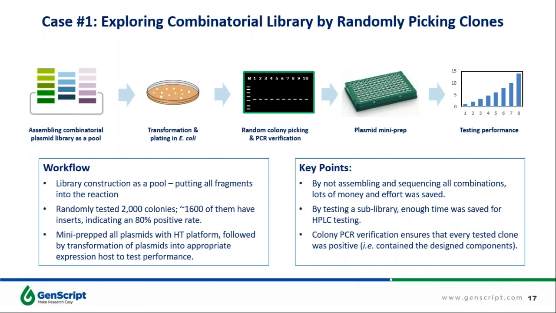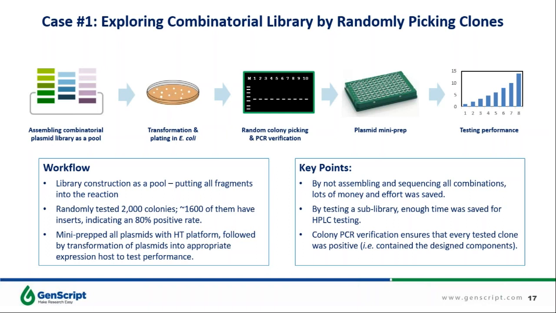For this pathway optimization project, we randomly PCR tested 2,000 colonies, and among them, 1,600 have all the desired inserts, indicating around an 80% positive rate. We then used the high-throughput plasmid mini-prep method to isolate the plasmids, which were subsequently transformed into the producing host for chromatography quantification.